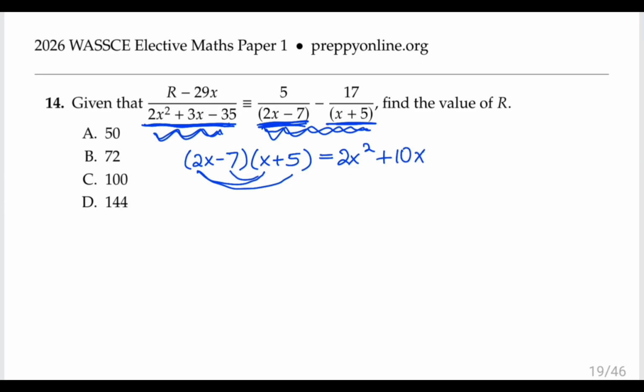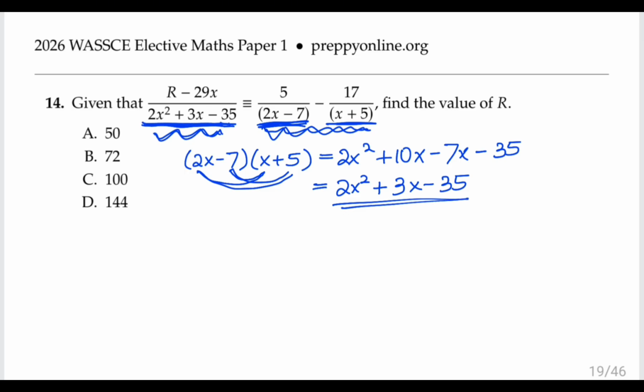We have minus 7 times x, minus 7x. Minus 7 times 5, minus 35. So we simplify: 2x squared plus 3x minus 35. So this is exactly what we have here.